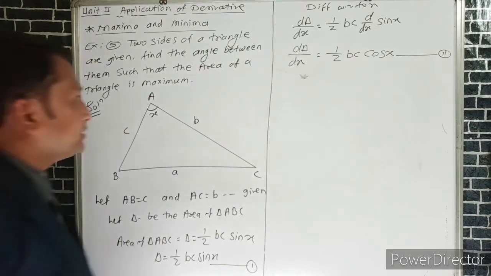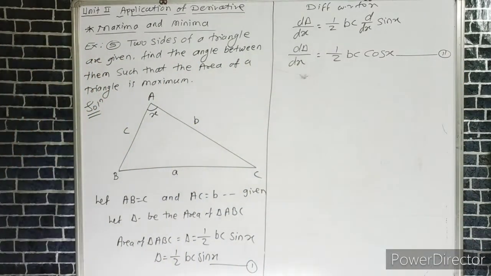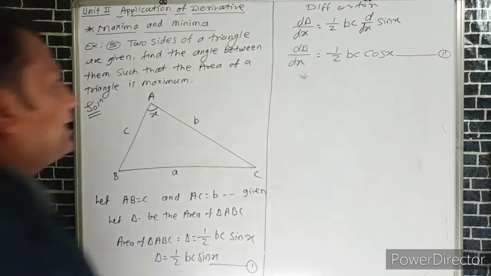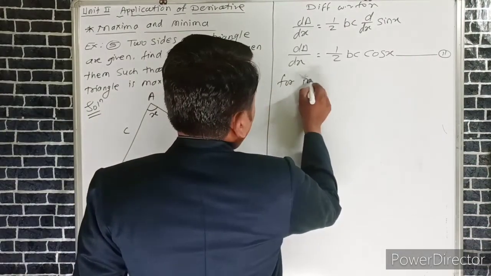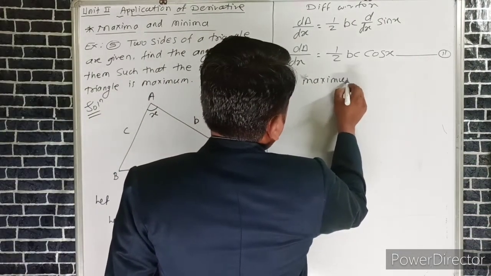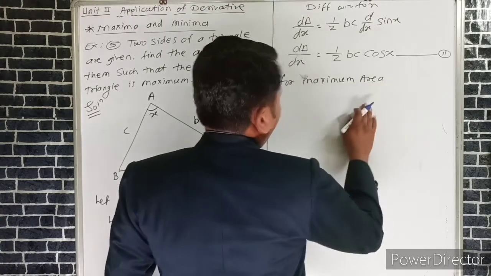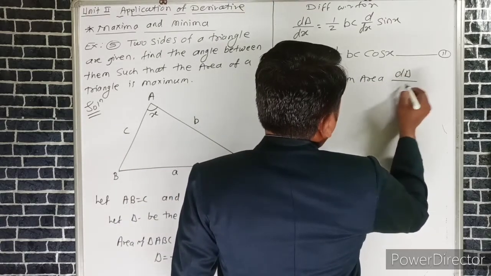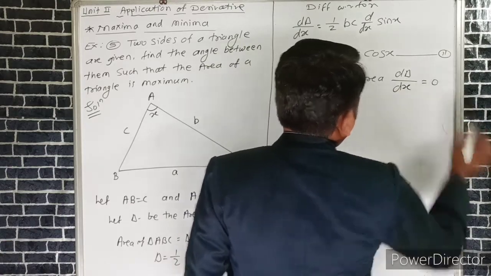We know that for maximum area, d del upon dx equals 0.